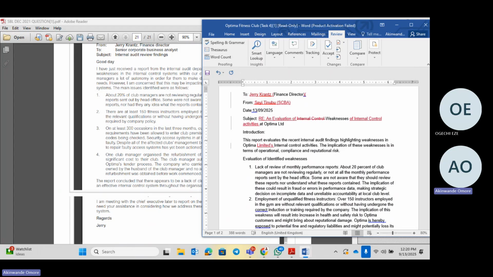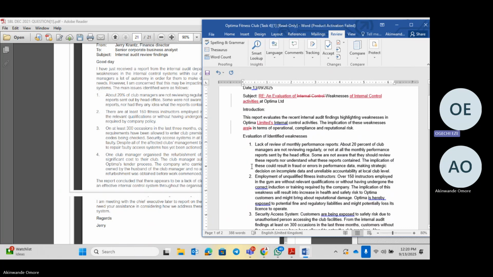The implication of these weaknesses are in terms of. So what's the first one that she picked? Lack of review of monthly performance reports.